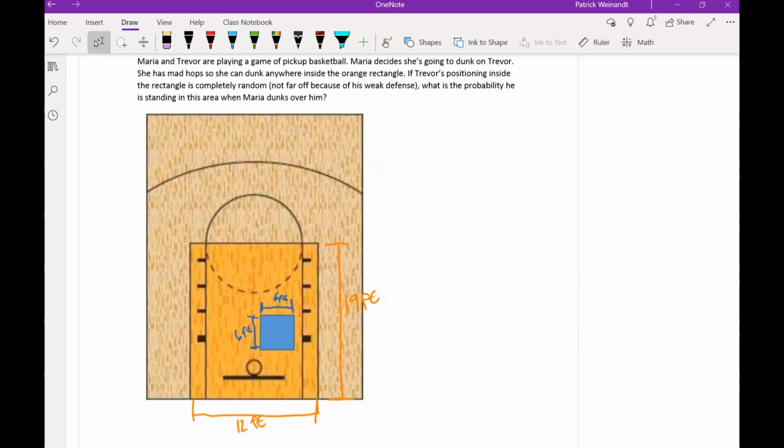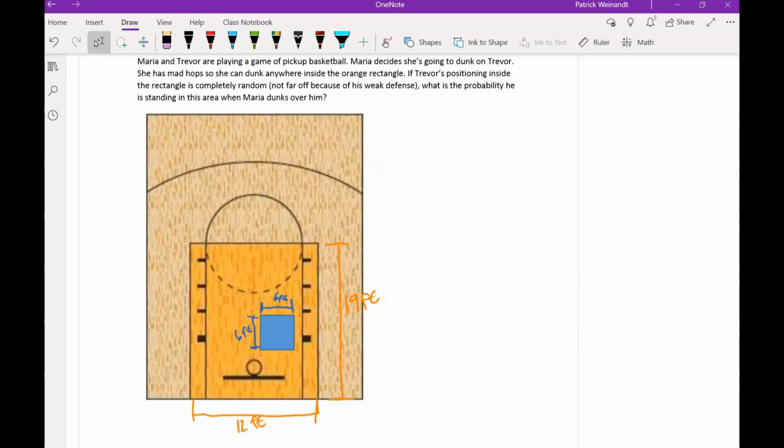So this isn't a great example, I guess, in the real world of geometric probability, but it'll work well enough for our cases. So we're basically saying, what is the probability that he's going to be in that blue area out of the total orange area?